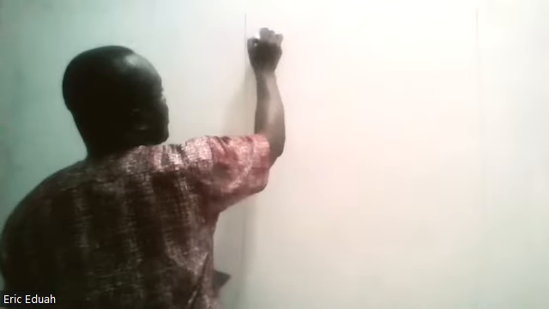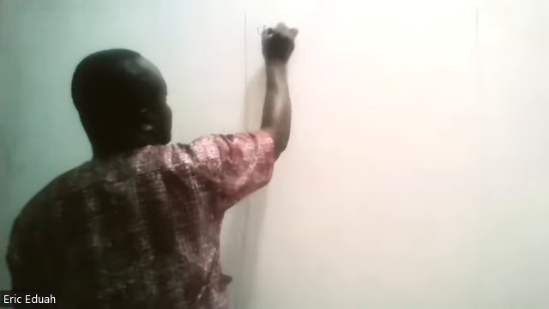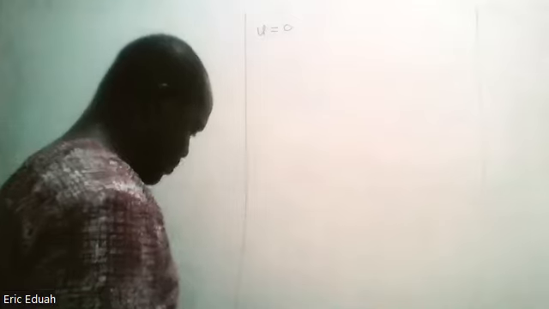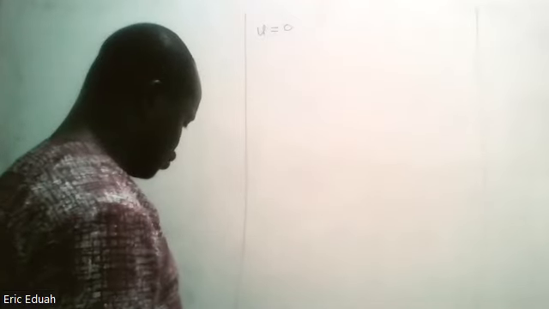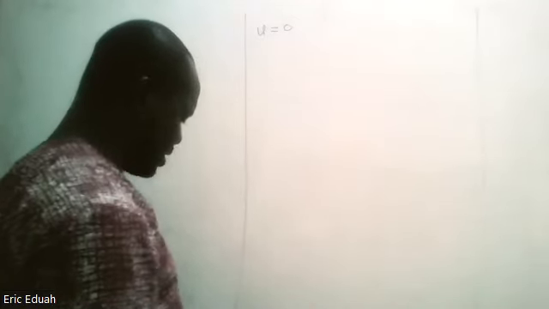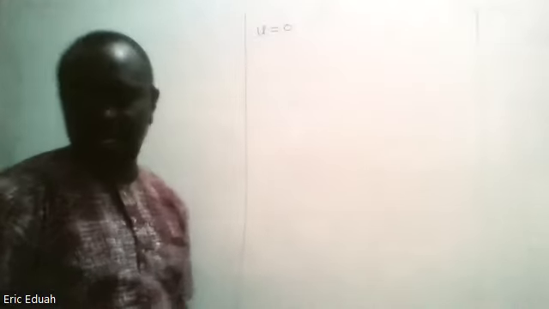A body starts from rest, so initial velocity is 0, and accelerates to a velocity of 5 meters per second in a time of 20 seconds.